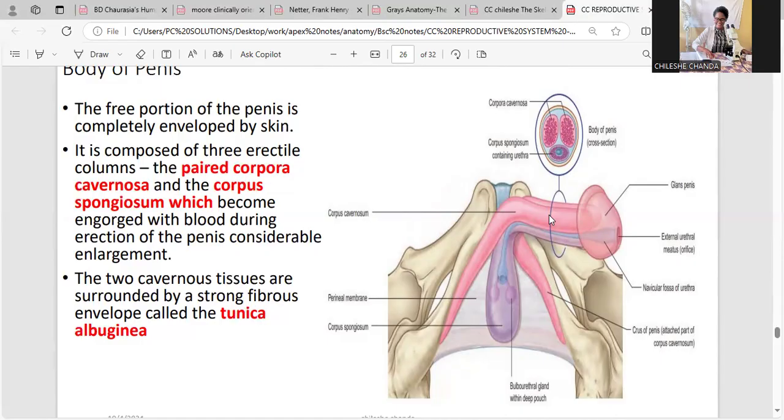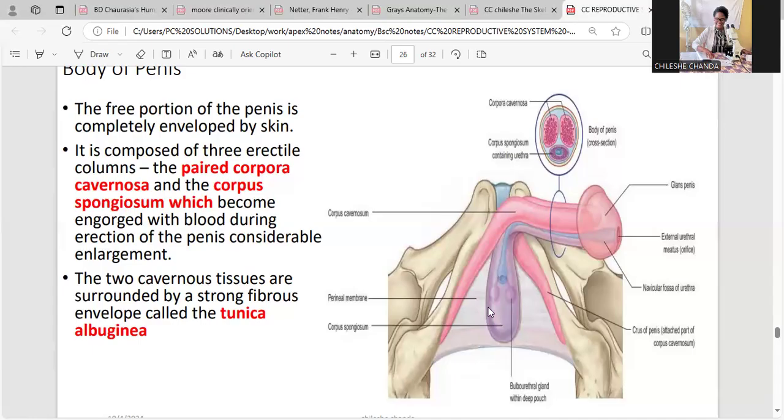Now the body is the free portion of the penis, completely enveloped by skin. It is composed of three erectile columns. We have one erectile column, which is a continuation of one crus, and another erectile column on the other side, which is a continuation of the other crus, and we have the continuation of the bulb of the penis.